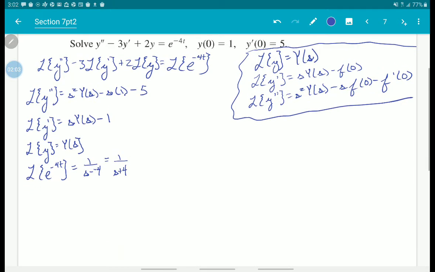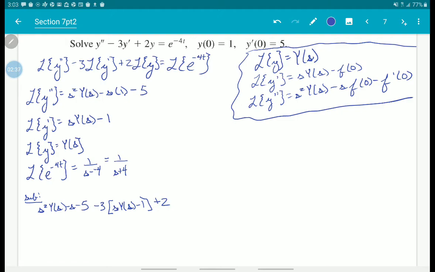So now let's plug everything in. So if we do our substitution, we have the Laplace of y double prime, minus 3 times the Laplace of y prime, which is s times Y of s minus 1, plus 2 times the Laplace of y.